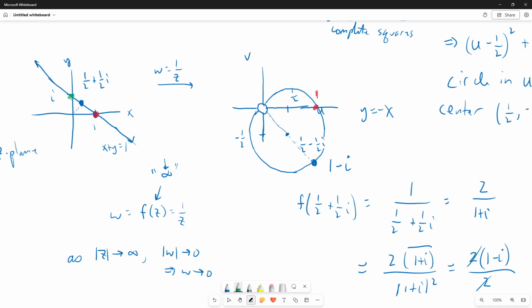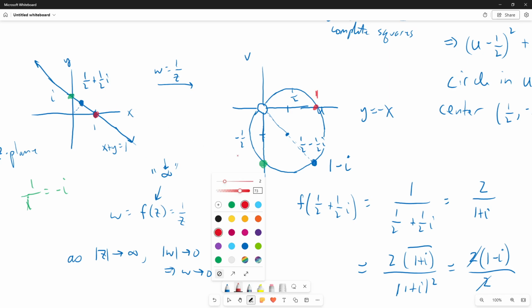There's i. 1 over i is negative i. Check it. Negative i times i is 1. So 1 over i is negative i. So the image of this point is negative i, which is here.